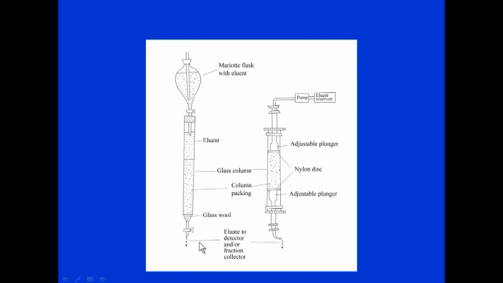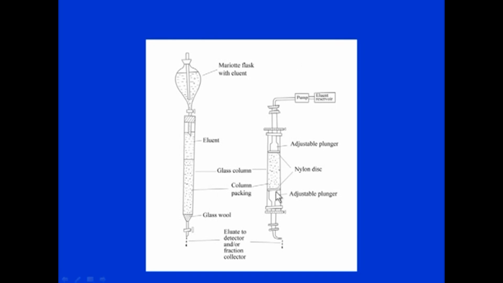In the improved systems, even for low pressure chromatography, you can see there is an eluent reservoir and there is a pump, usually a peristaltic pump, as you will see later on. The pump drives the mobile phase into the column.